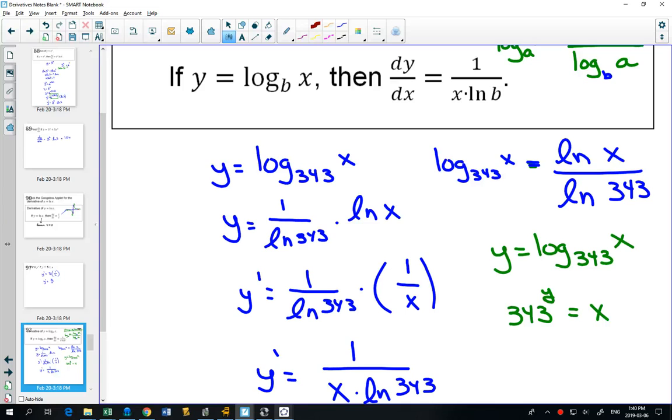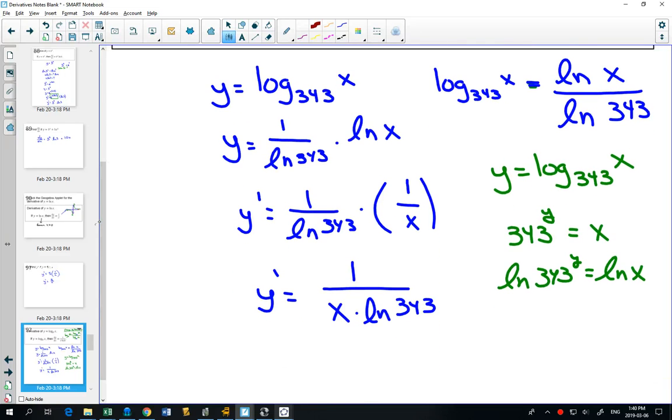If I wanted to solve for y in this equation, I could take the natural log of both sides. Oh, this is a good review of logs. And then your y could come out in front.